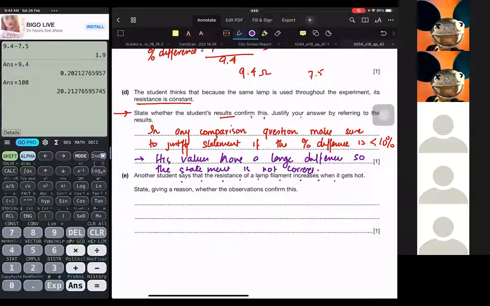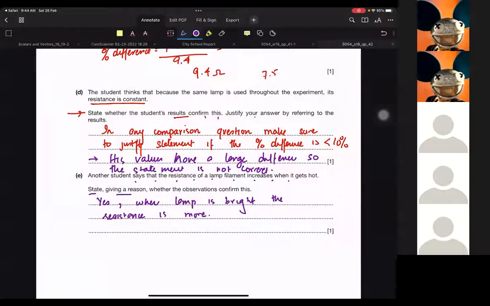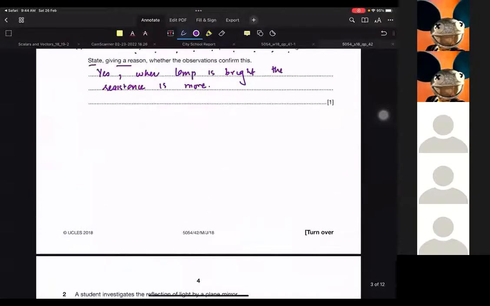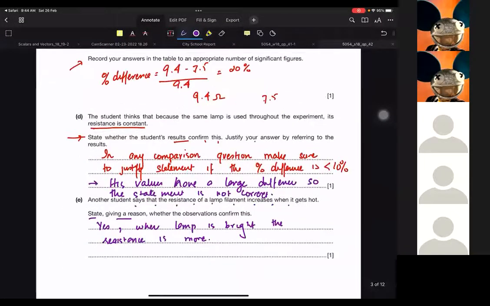So we'd say, because you just need to state the reason, yes, when the lamp is bright, the resistance is more, right? Now, if you have any questions, please let me know before we move to the next question.